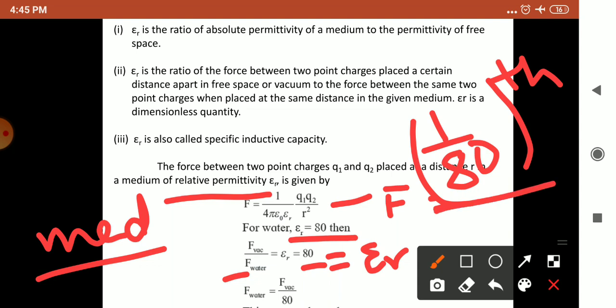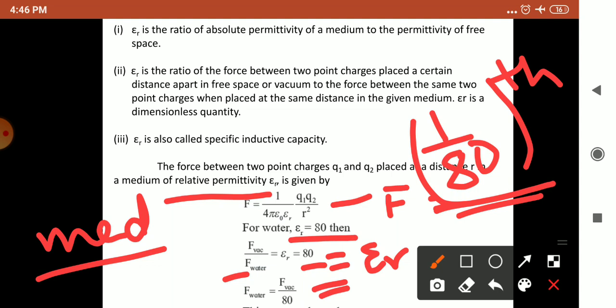So everyone got this? What is relative permittivity? It is the ratio of forces in vacuum and in medium. So from that we are getting this relation for the vacuum and water medium.